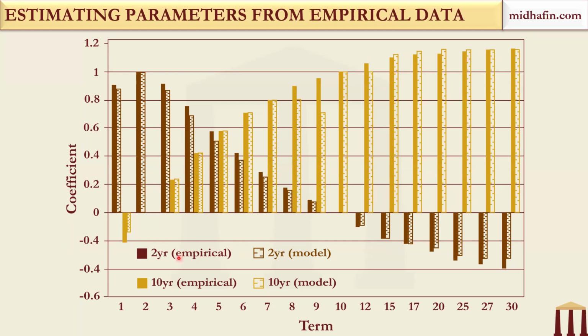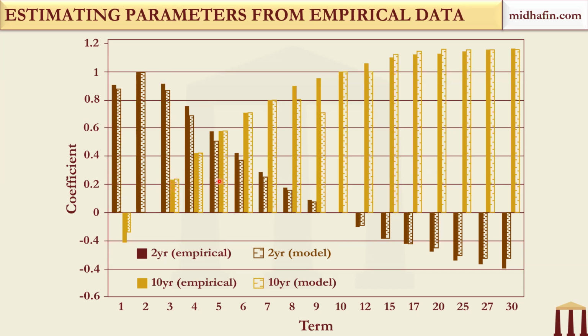Okay, you look at the coefficients also. Let's take the 3-year yield. A 3-year yield is having a coefficient of approximately 0.9 on the 2-year yield, and only a little bit more than 0.2, 0.22, 0.23, something like that on the 10-year yield.